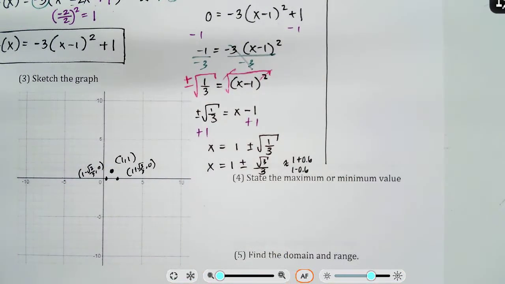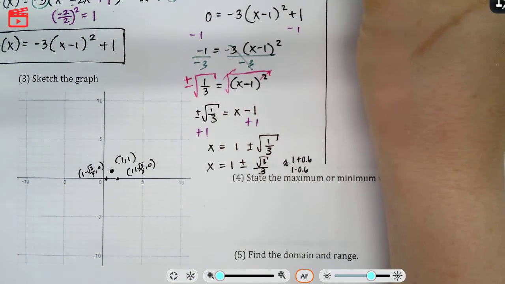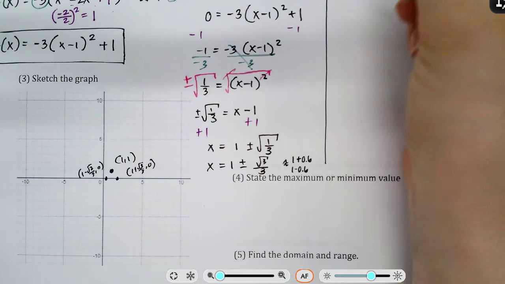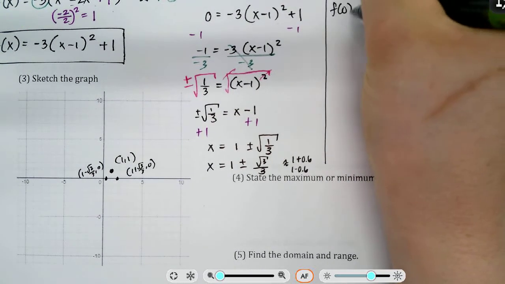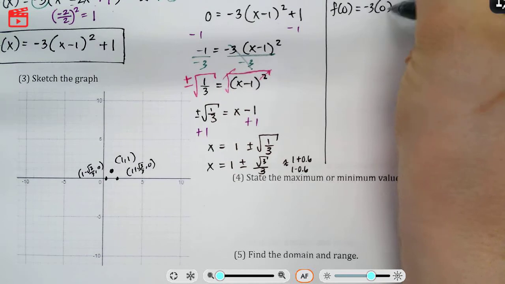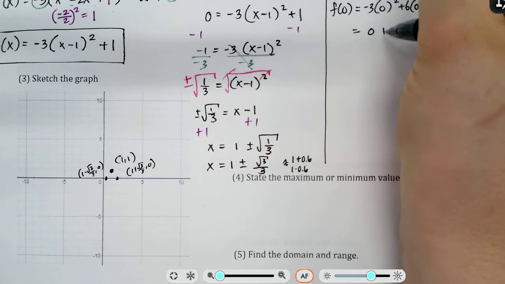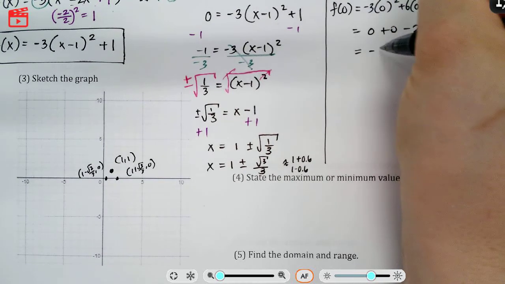And then let's see what our y-intercept is. Okay, y-intercept, set x to 0. So f of 0 is going to equal negative 3 times 0 squared plus 6 times 0 minus 2, which will equal 0 plus 0 minus 2 equals minus 2.